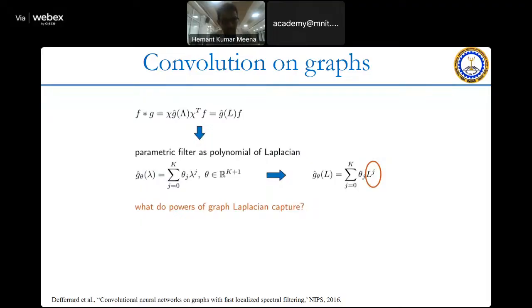Thereafter, remember, different mathematical notations have been used. For example, a parametric filter as a polynomial of the Laplacian. It can be written in this form, and this way we are able to reduce the computation. This is another highly cited paper: Convolutional Neural Networks on Graphs with Fast Localized Spectral Filtering. This paper has been cited more than 10,000 or 12,000 times.